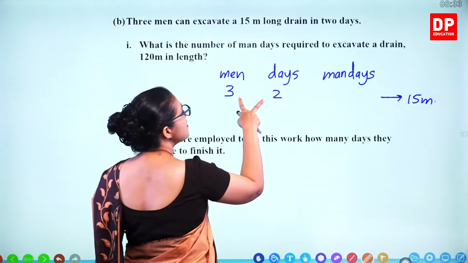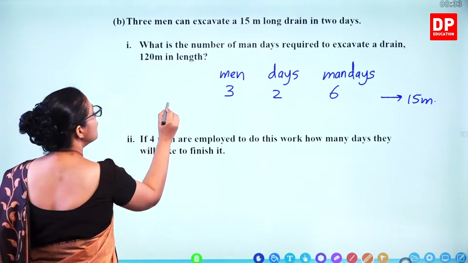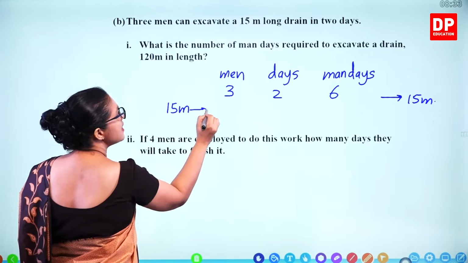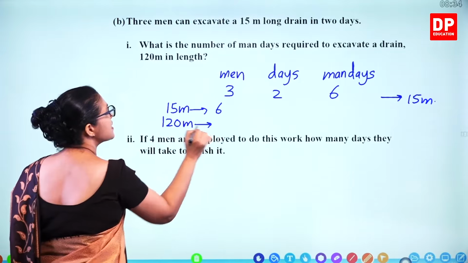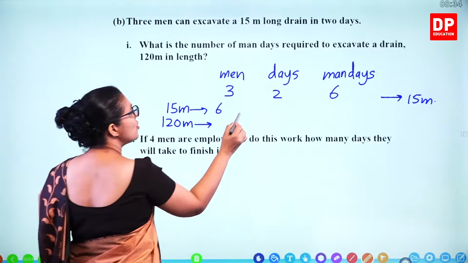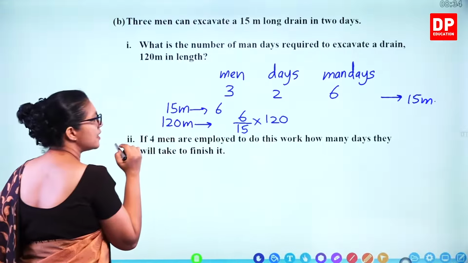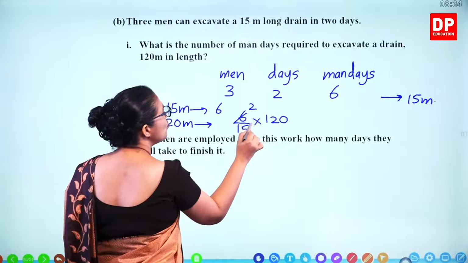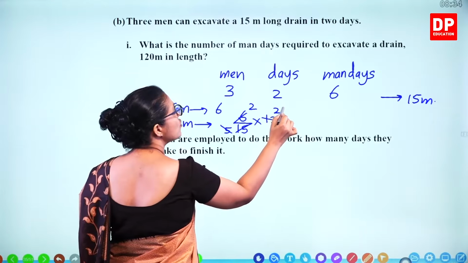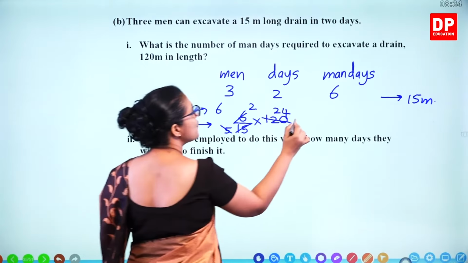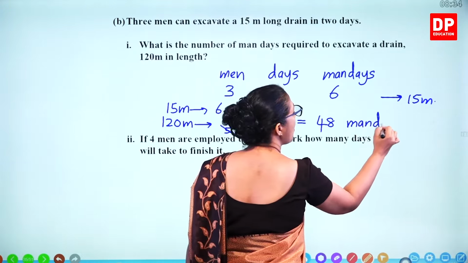For 15 meters, how many man days? 3 times 2, that's 6. So for 15 meters, the man days is 6. What about 120 meters? So 6 divided by 15 multiplied by 120. 3 times 2, 3 times 5. 5 times 2 is 10. For 20, that's 4. So 2 times 24, 48 man days required.